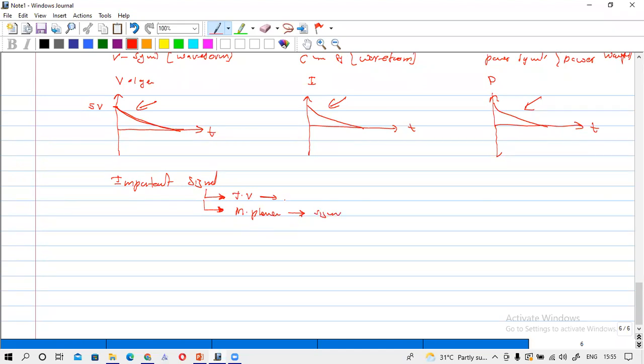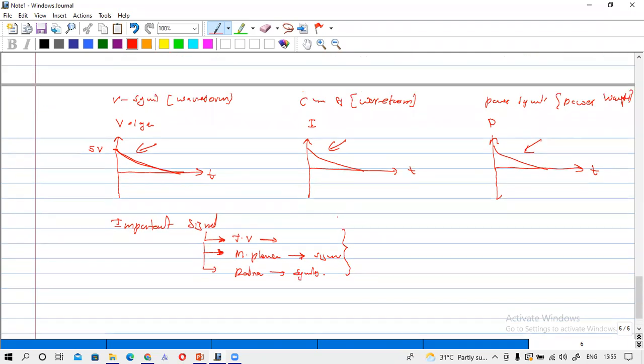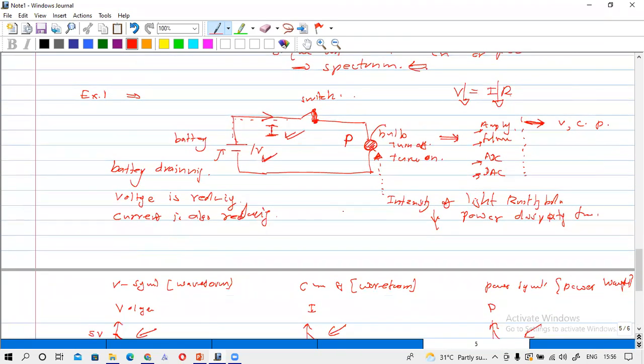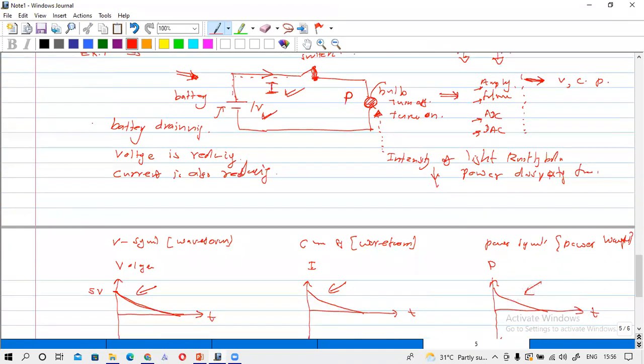Same as this TV. If you consider radio, it is totally working on signals, no? So it is very important to learn about signals. To emphasize that importance, I took this example. Okay, so I hope you get it.